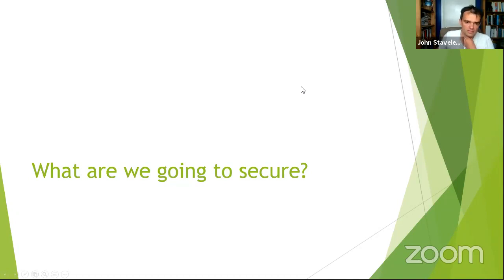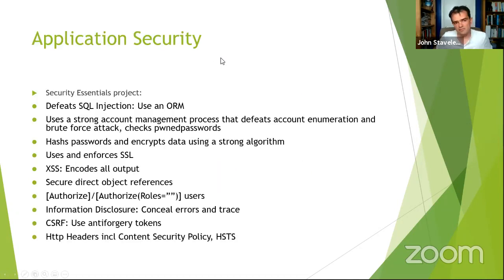So what we're going to go to is secure. About 4 years ago, I took a roadshow of security talks around the country. It had as its base this Security Essentials project. This is full-fat .NET. I appreciate that a lot of people are on Core right now, but if you're retrofitting security onto a full-fat .NET project, it's quite a good template to use.